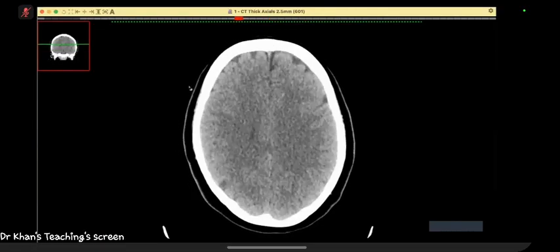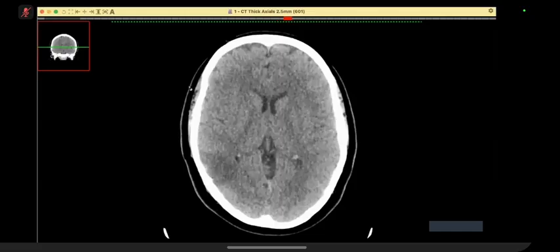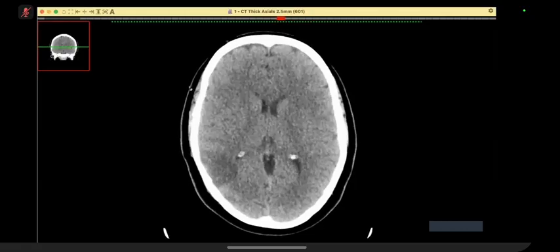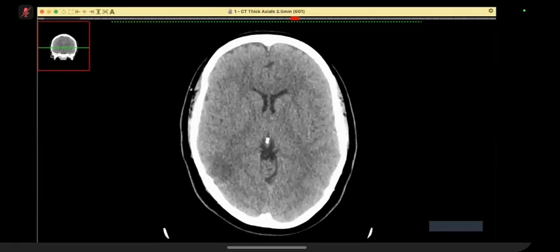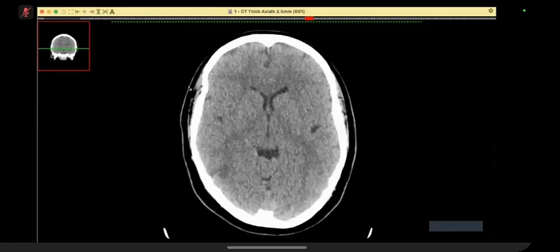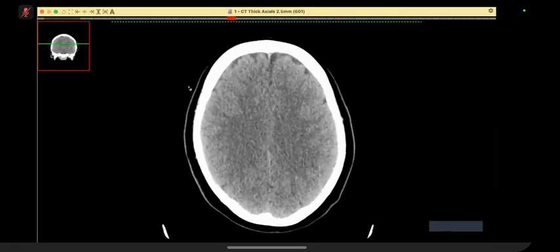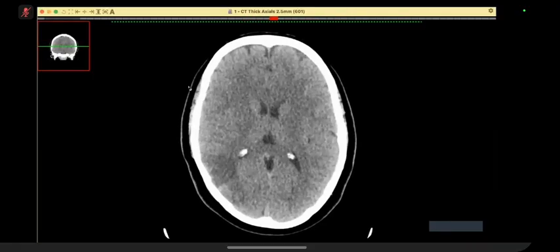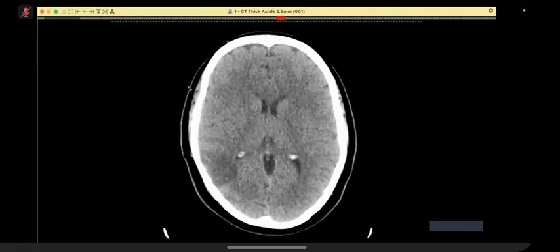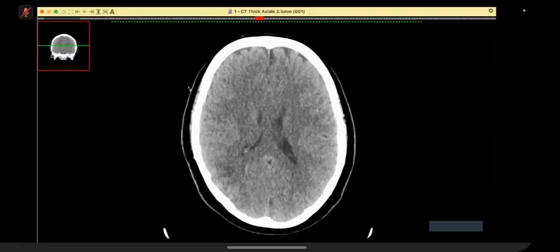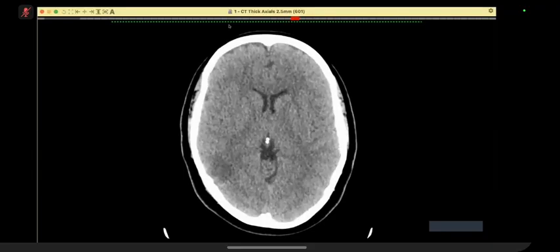Besides that, there is mild sulcal effacement, which could be due to slight edema. But in the rest of the brain, I can't see anything besides this right temporal lobe hypodensity. I would like to proceed further with contrast enhanced imaging if available.